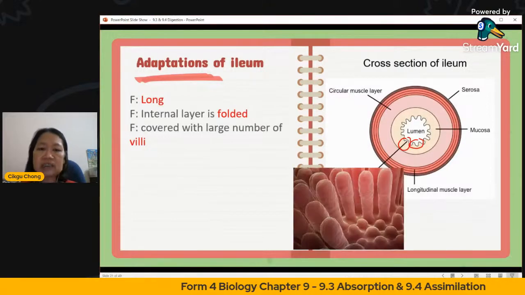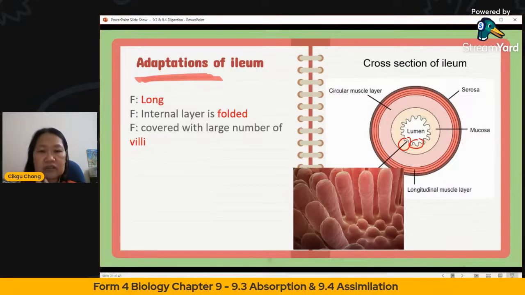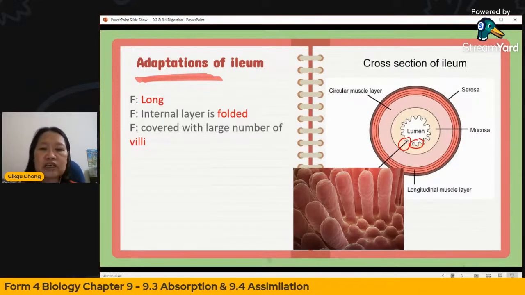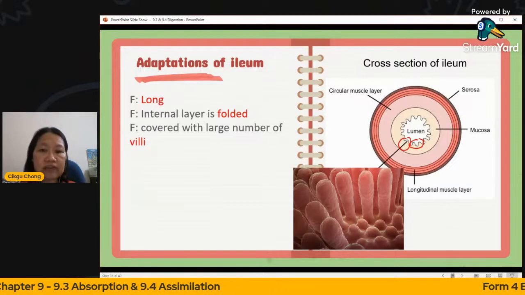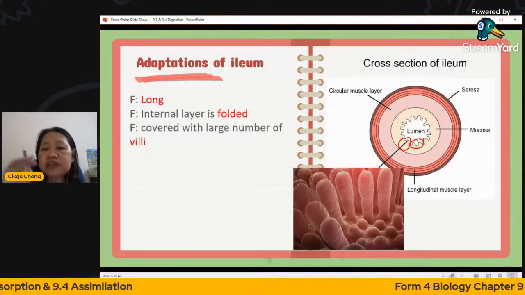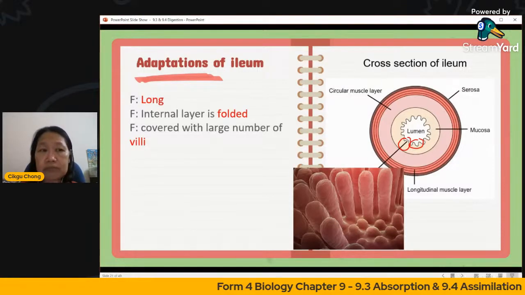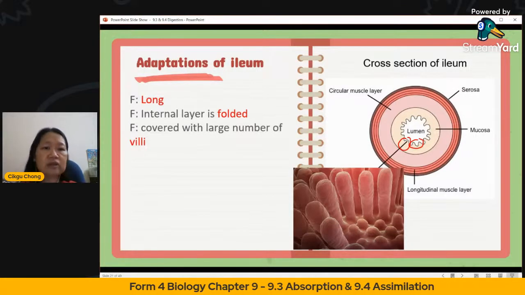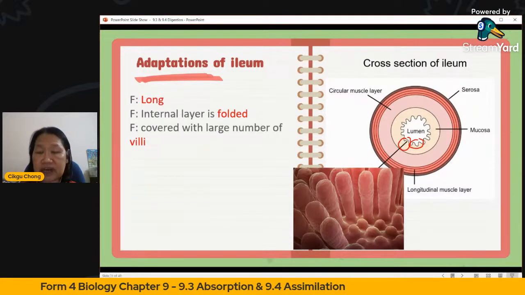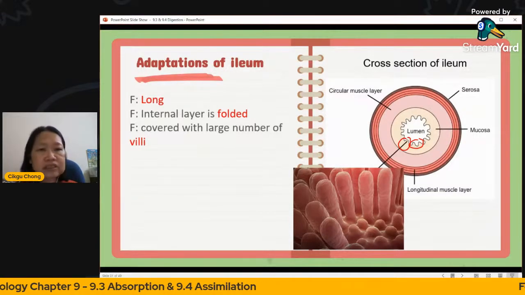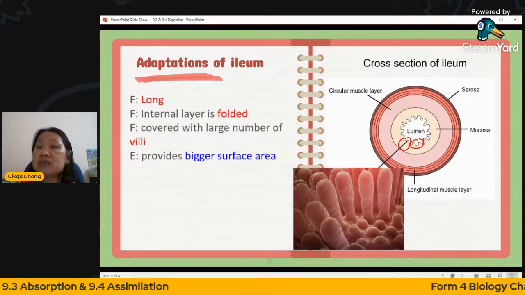Now here is the diagram of the villi. Of course, this is a graphic, not the real picture. This shows the finger-like projections. They further increase the surface area. So all these three, the ileum being long and highly folded, and also having a lot of villi, the main purpose is to provide a bigger surface area.